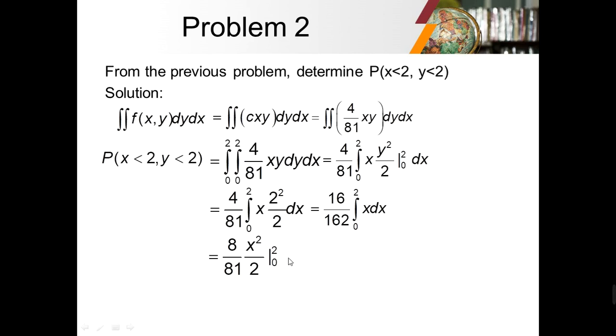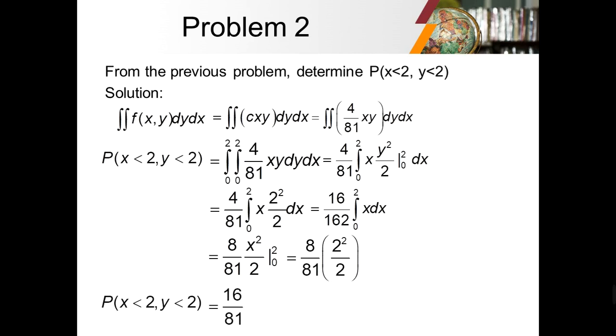Again, yung lower limit natin is 0, kaya minus 0 na lamang, so hindi na natin siya ilalagay. So, the answer for the joint probability that x is less than 2 and y is less than 2 is equal to 16 over 81. So, yan po yung answer natin.